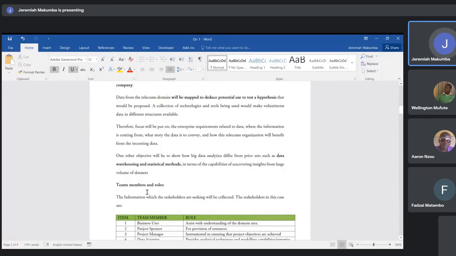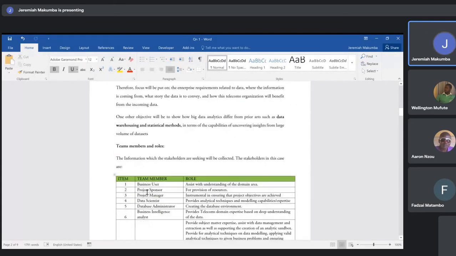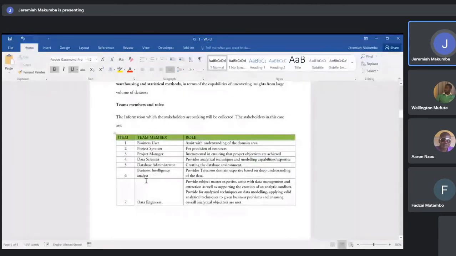Then the team members: we have tabulated the team members and their roles on the discovery stage.